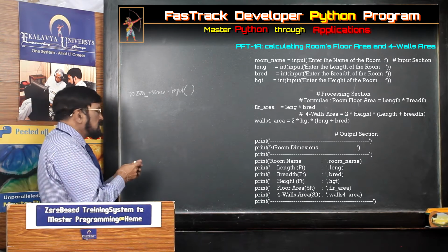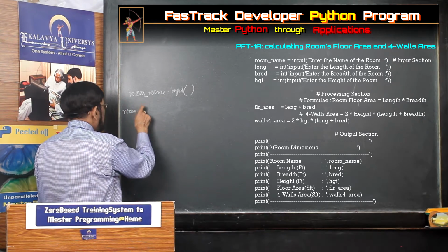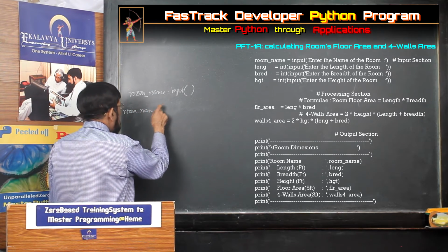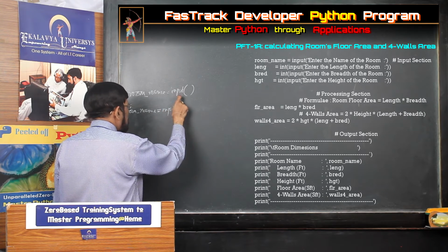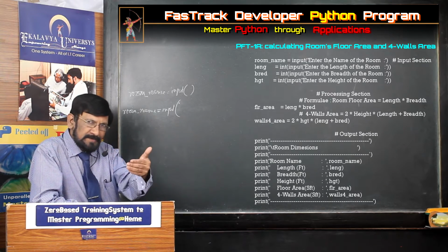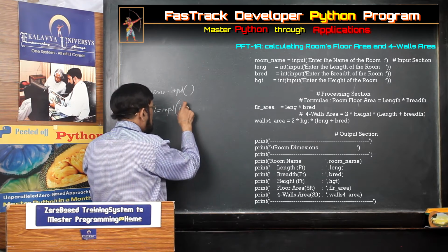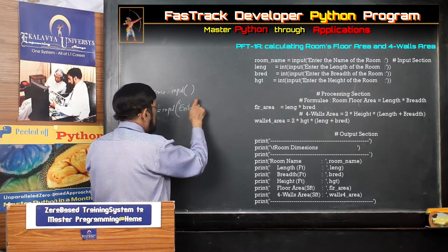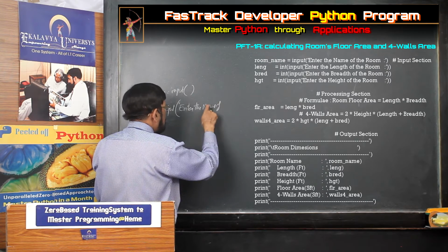So in this, what is missing? How should you write? Room name is equal to input. The input function fortunately takes the prompt statement. A prompt statement is a guidance statement for the user. What guidance statement do you want to enter? Enter the name of the room.